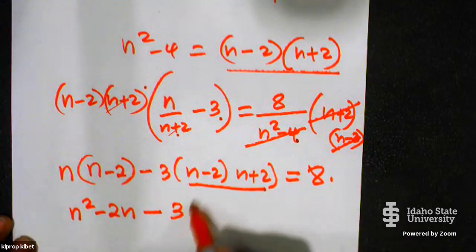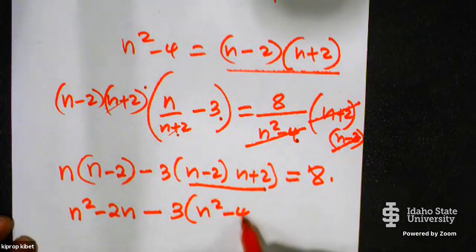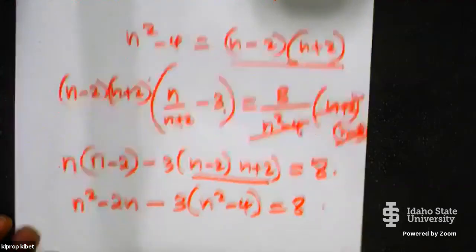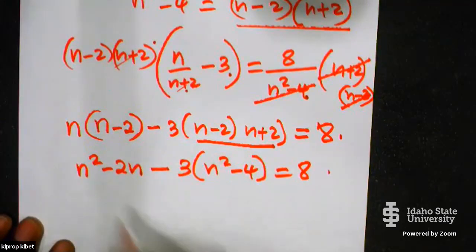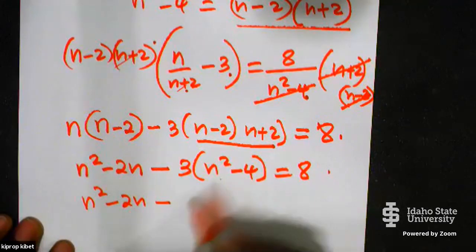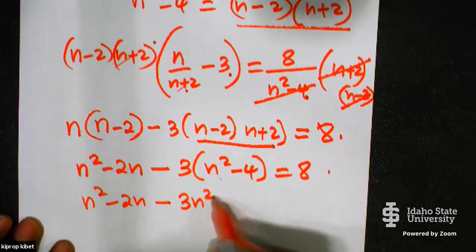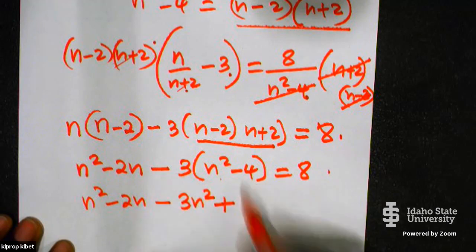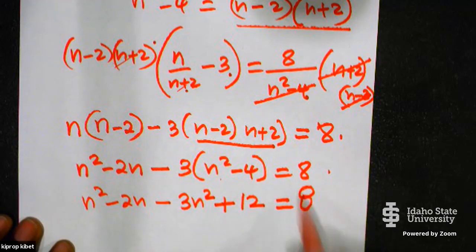So this is minus 3(n squared minus 4) equals 8. Okay? So n squared minus 2n minus 3n squared plus 12 equals 8.